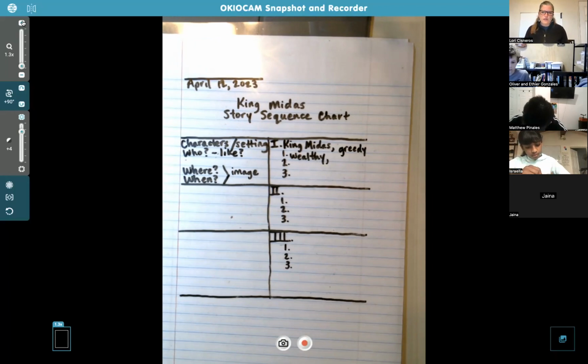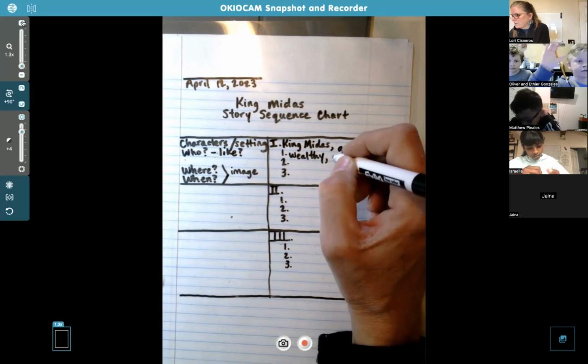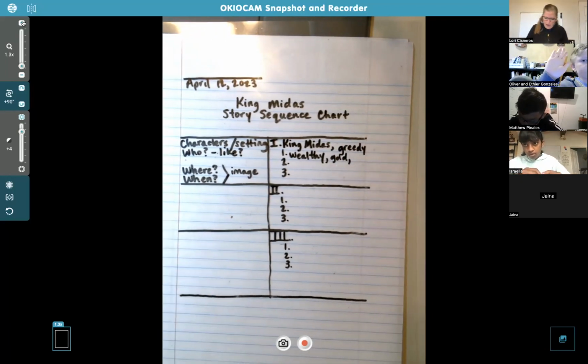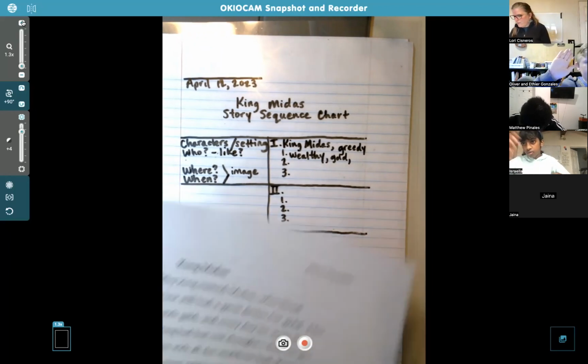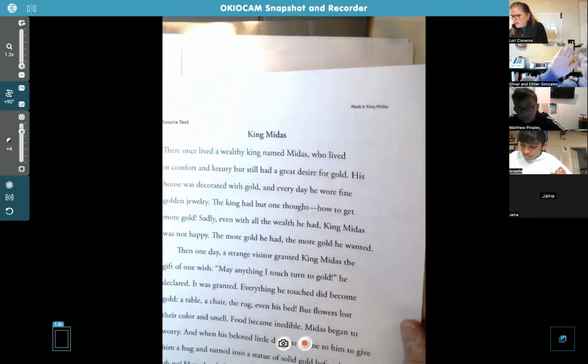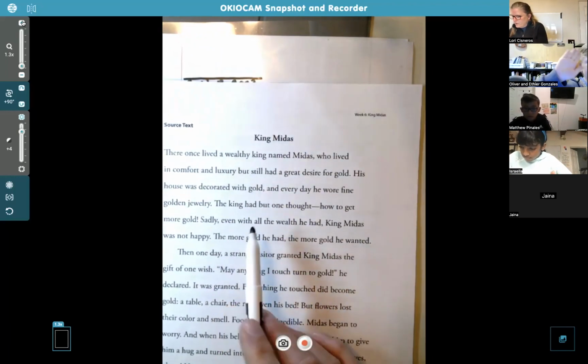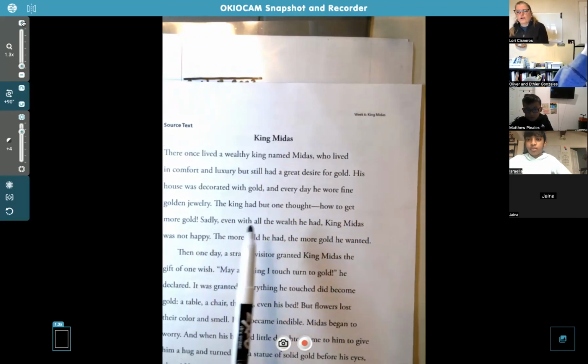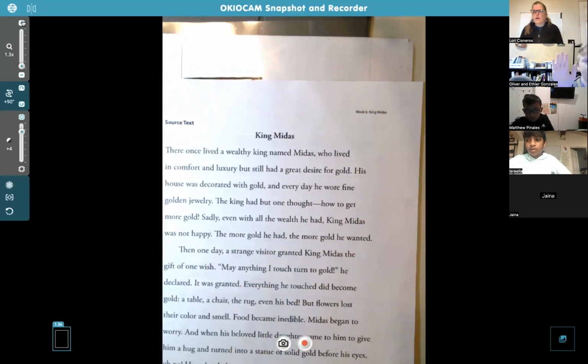What are some things he really enjoyed? I know Oliver said gold. This would be a good spot to put gold. But what else did he have? Looking at the beginning of the story, at that first paragraph, what did he have? Talks about gold, but what else is there?